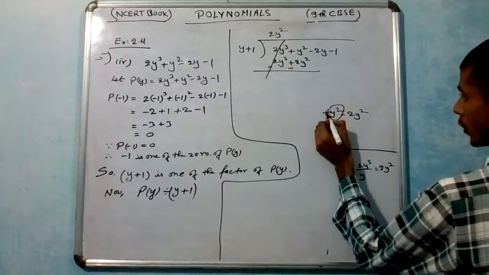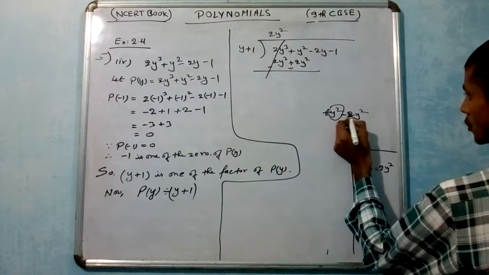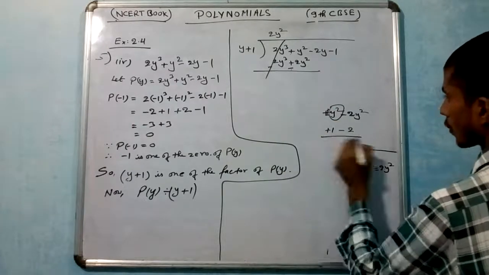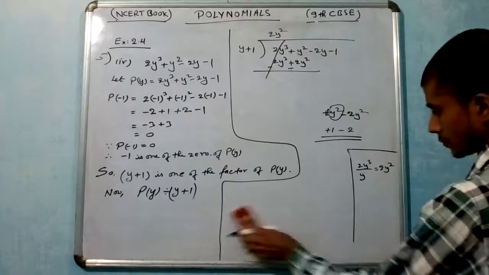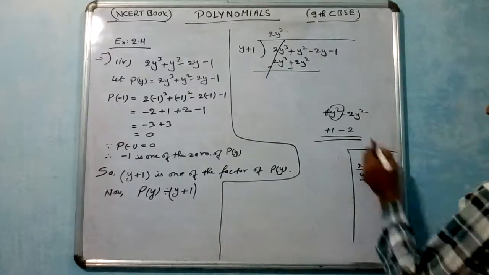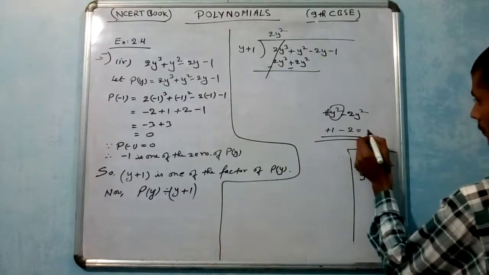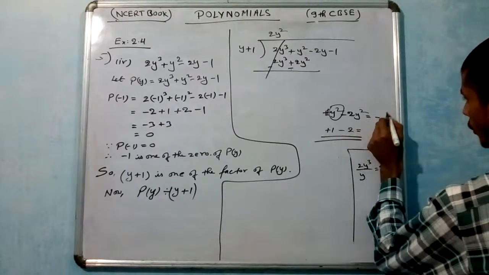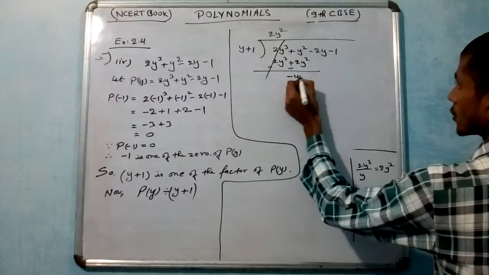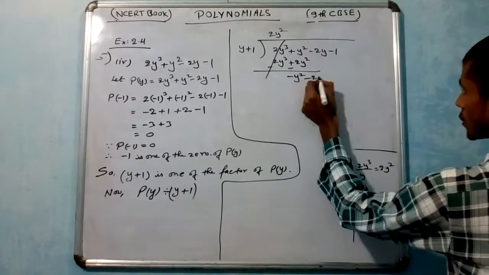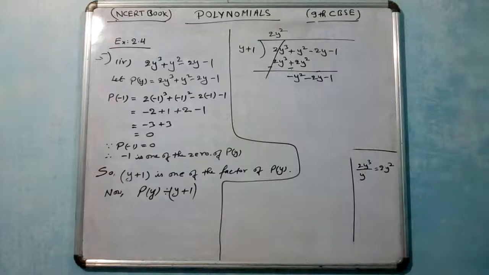How many y square terms? 1 minus 2. Can't you solve? Minus 1y square, that one we do not show. So minus y square. And then the rest of the things I will bring down. Minus 2y minus 1. Next.